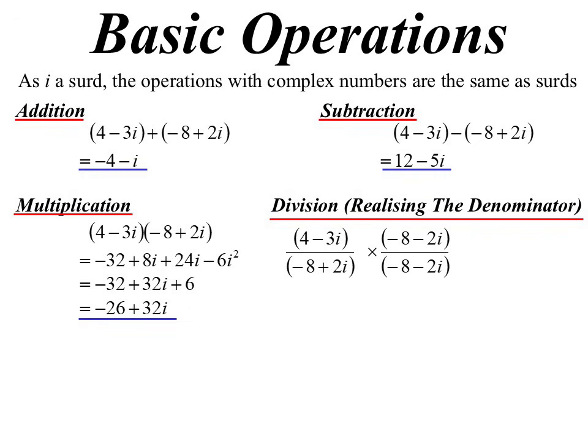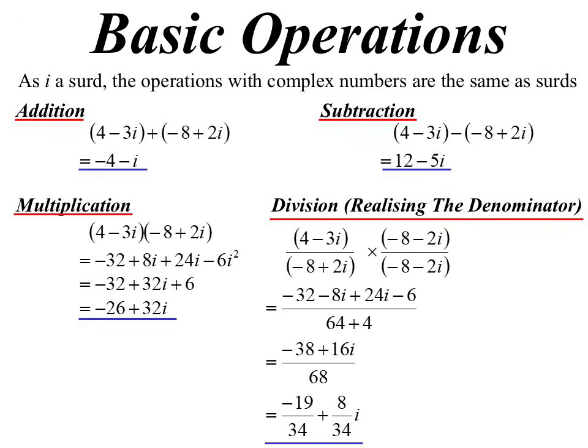We multiply top and bottom by the conjugate, because we know that when we multiply conjugates together, we'll get the difference of two squares, although in this case, because of the i squared, we actually get the sum of two squares. So we get 64 plus 4 on the bottom. And so that gives us minus 38 plus 16i over 68, breaking up into its real and imaginary part, minus 19 on 34 plus 8 on 34i.